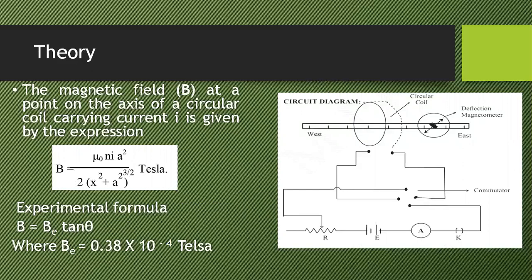Mathematically, it is given by B equals mu naught N I a square by 2 into (x square plus a square) all to the power 3 by 2, where B is the magnetic field intensity, mu naught is permeability of the medium, N is the number of turns of the coil, I is the amount of current passing through the coil, a is the radius of the coil, and x is the distance of the point from the center of the coil.